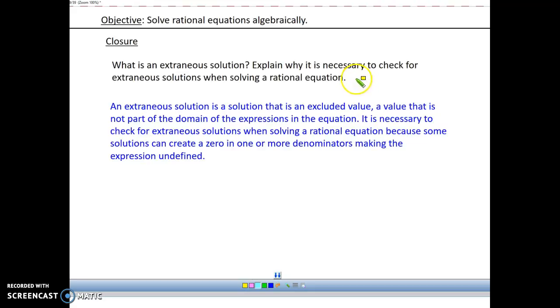It is necessary to check for extraneous solutions while solving a rational equation because some solutions can create a 0 in one or more denominators, making the expression undefined. So it's very important for you guys to check for extraneous solutions at the end, okay?